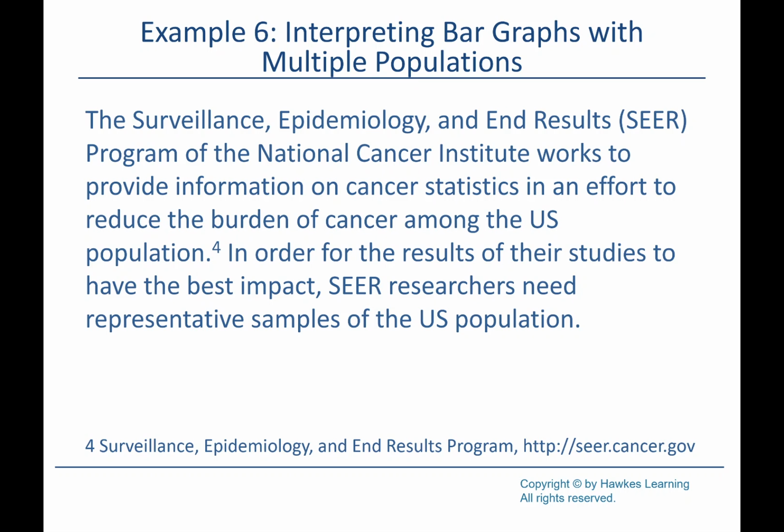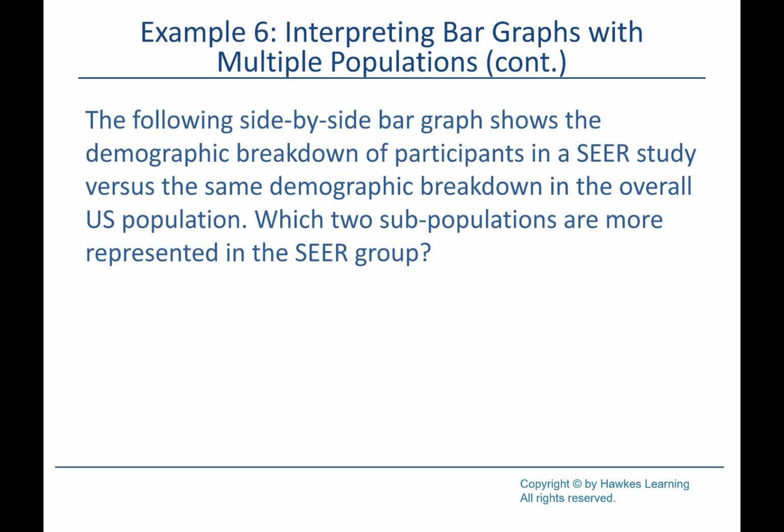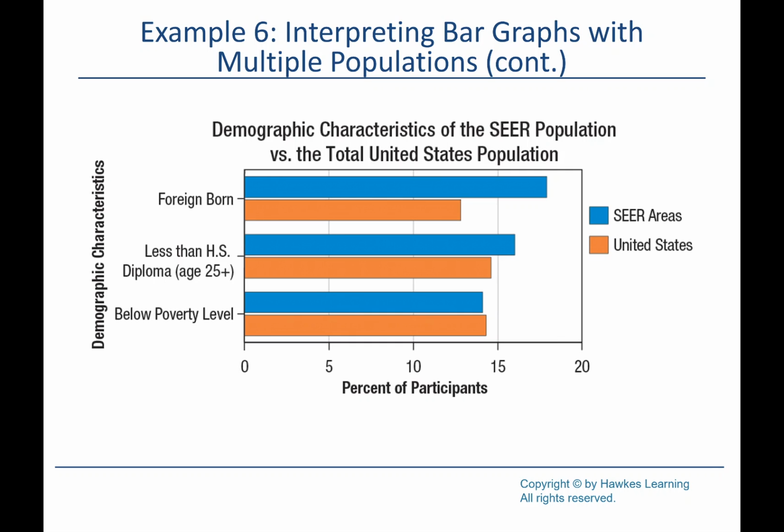They've got this group where they're researching cancer rates, called SEER groups, SEER areas, and we're comparing some demographics of these SEER areas compared to just the United States as a whole. So remember, when we're trying to answer a question, like we're trying to do some research, we want our sample data to look like our whole population.